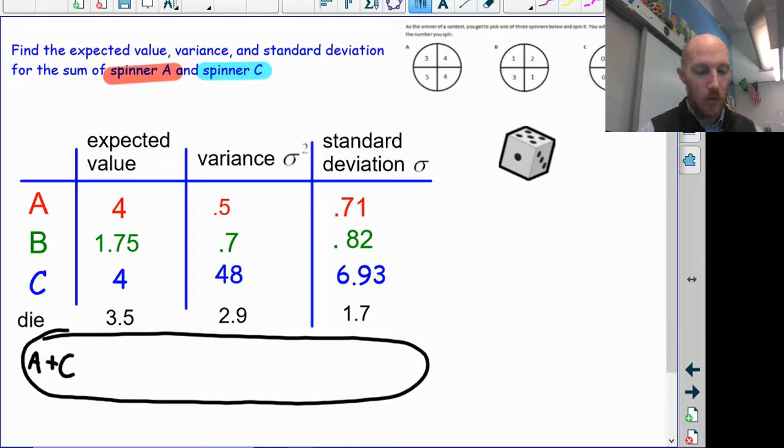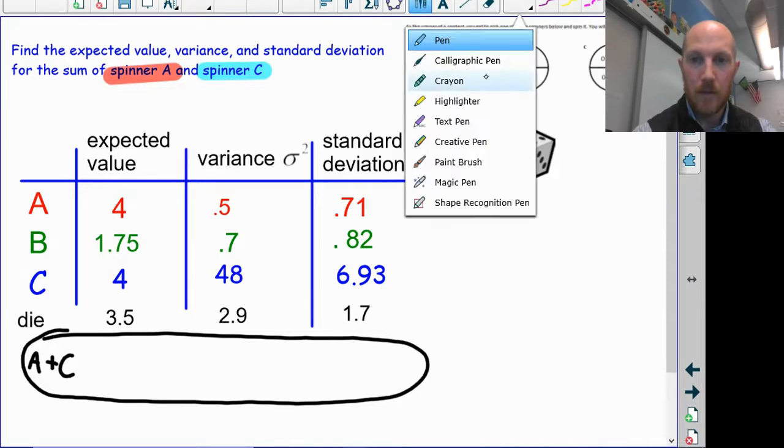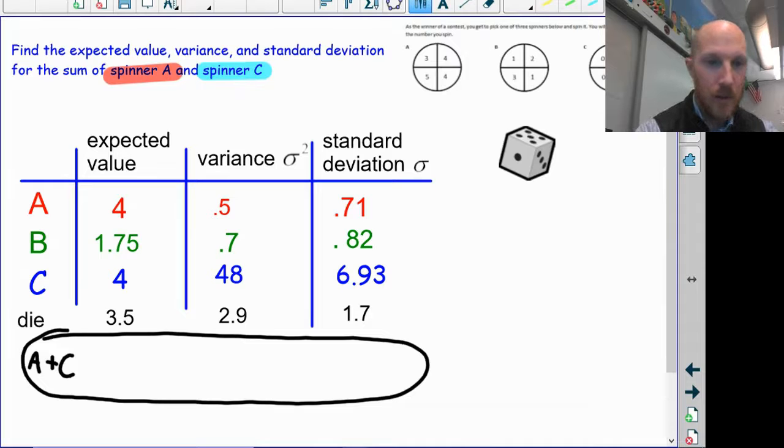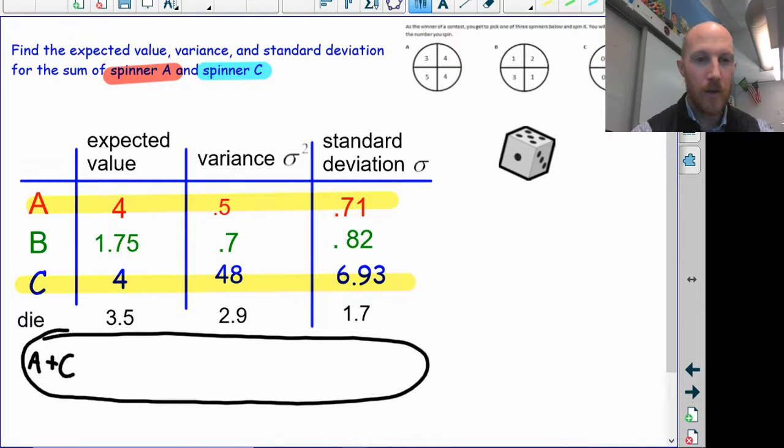All right, so let's focus on what we're doing here. So we want spinner A and we want spinner C. So to get the combined mean, or the combined expected value, I can just add. So the expected value of A was 4 and of C was 4, add those together and get 8. The variance, I can just add. So the variance on A was 0.5, the variance on C was 48, add them together.